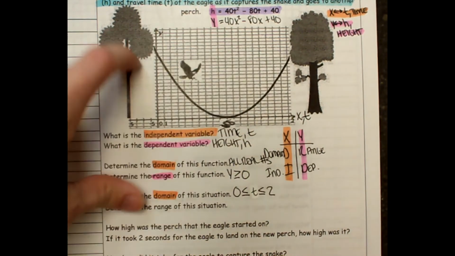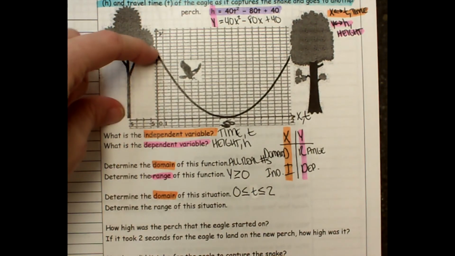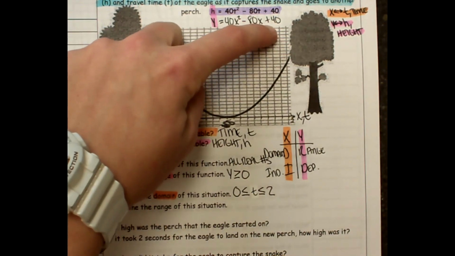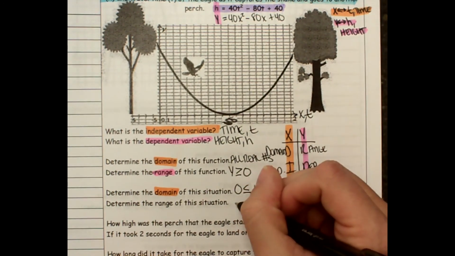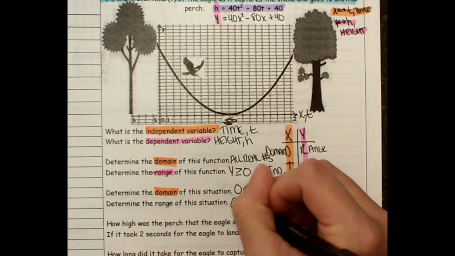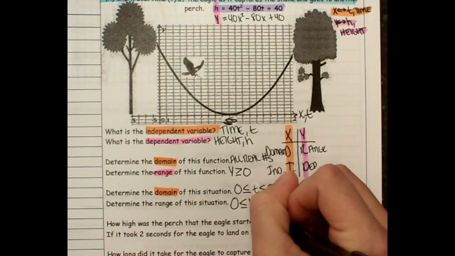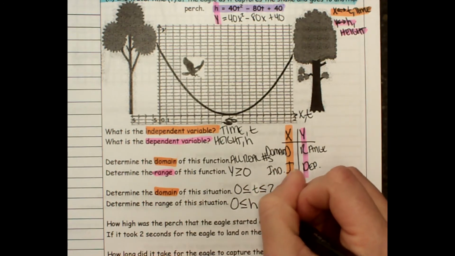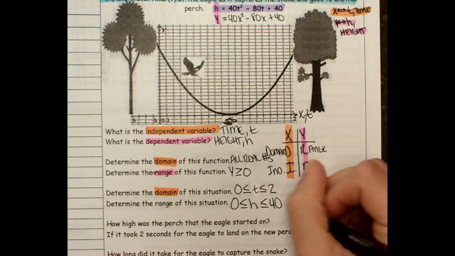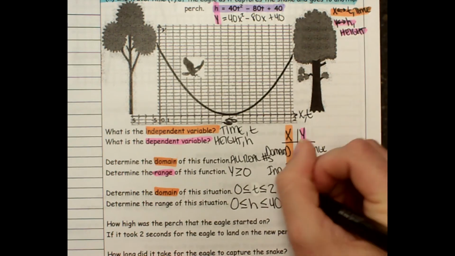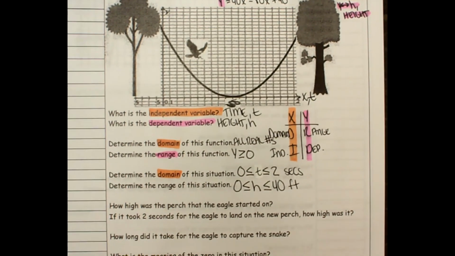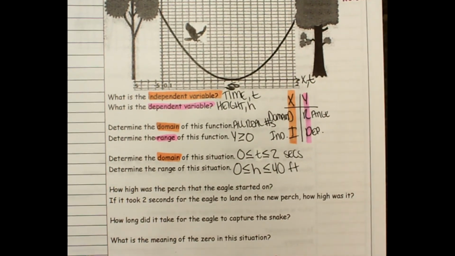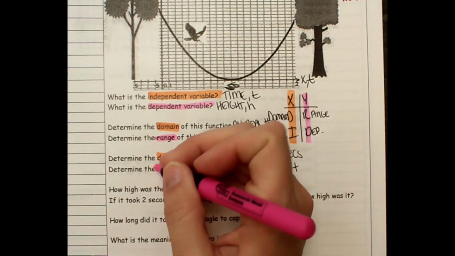I know that my start value, the y-intercept, is 40. So your h is greater than or equal to 0, but less than or equal to 40. And we should probably put feet and seconds. So there is your domain and range of the situation.